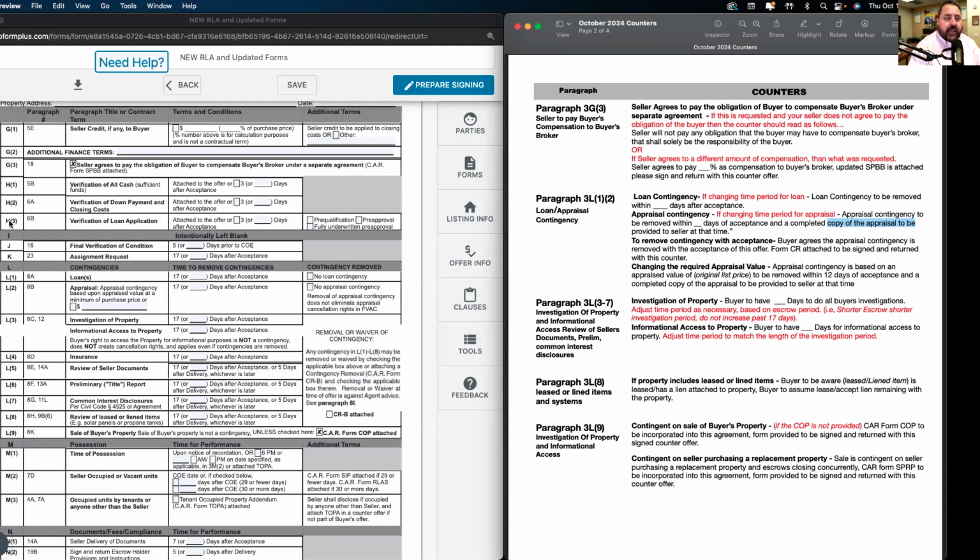Changing the appraisal value. So this is one of those things, right, where appraisal contingency is based on an appraised value of. We talked about this in the past. What I'm saying in this section is, if I'm getting these ridiculous, crazy, over asking price offers, which I don't think are really happening right now, this was more of an issue in the past.